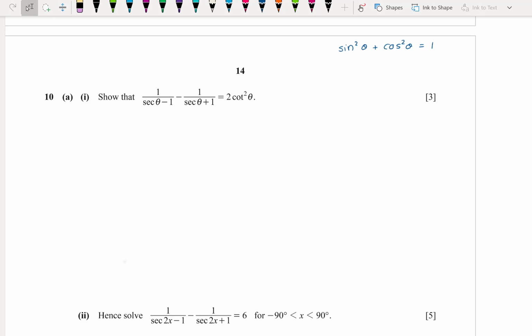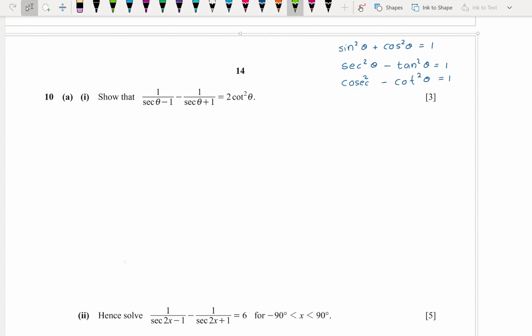And similarly, secant square theta minus tan square theta is equal to 1. Similarly, cosecant square theta minus cotangent square theta is also equal to 1. So we keep these in mind. Most of the time you can use that to simplify whatever we have.